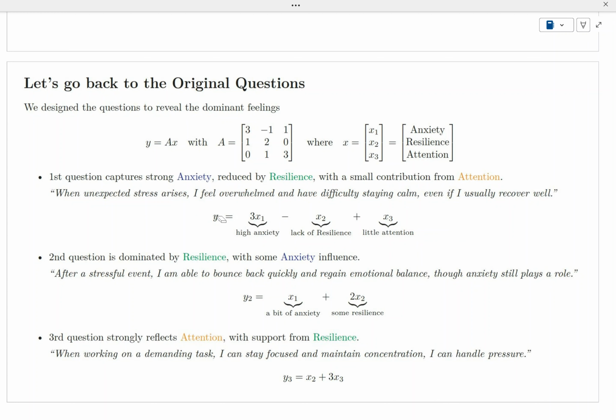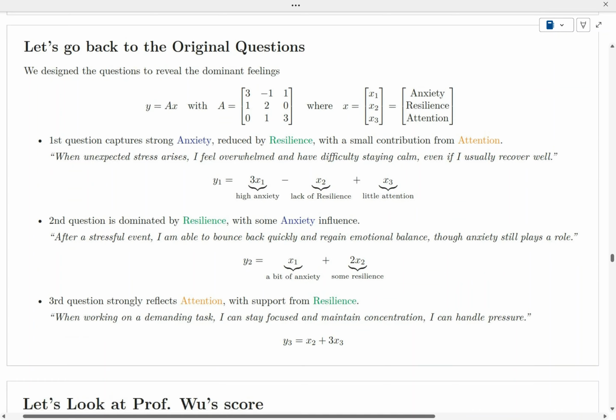And the second question: after a stressful event, I'm able to bounce back, right? So that's a bit about resilience. It's showing resilience, and it's showing a little bit of anxiety, right? Anxiety still plays a role. So if you answer a high number, it's essentially saying there's a bit of anxiety, but you are doing okay.